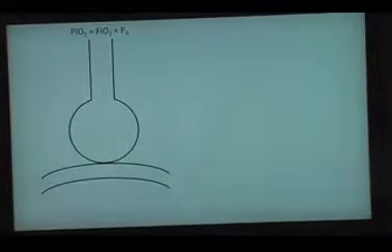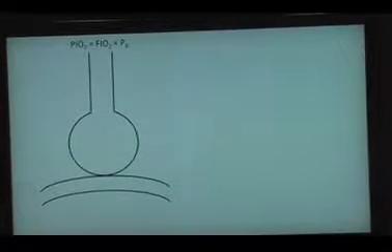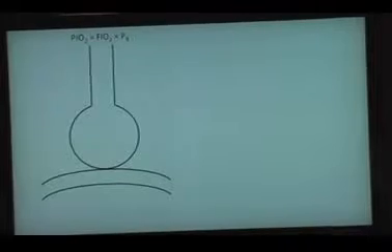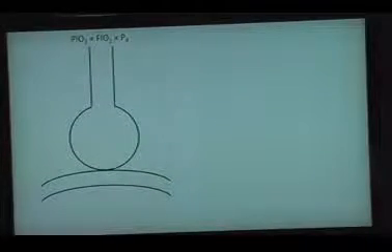So on this slide, we are going to derive the alveolar gas equation, which explains the effects of barometric pressure and FiO2 and hypoventilation on the alveolar and then the arterial PO2.